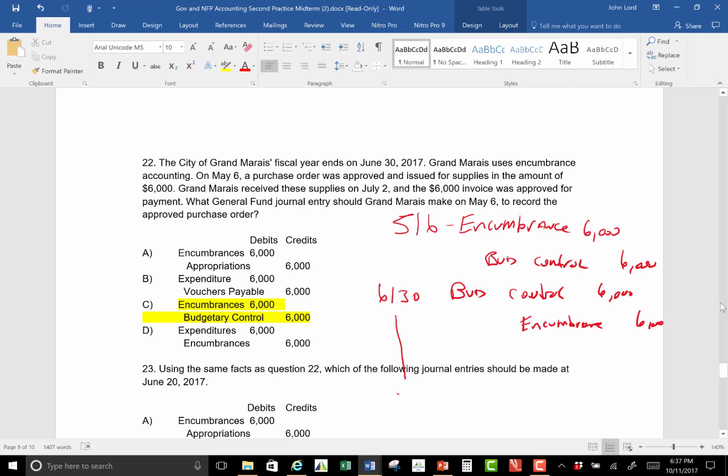You want me to debit the unassigned fund balance for 6 and credit what? Assigned, I guess, for this stuff that we've ordered? That says assigned fund balance. Assigned fund balance is getting credited for 6,000. Right? Okay, good.